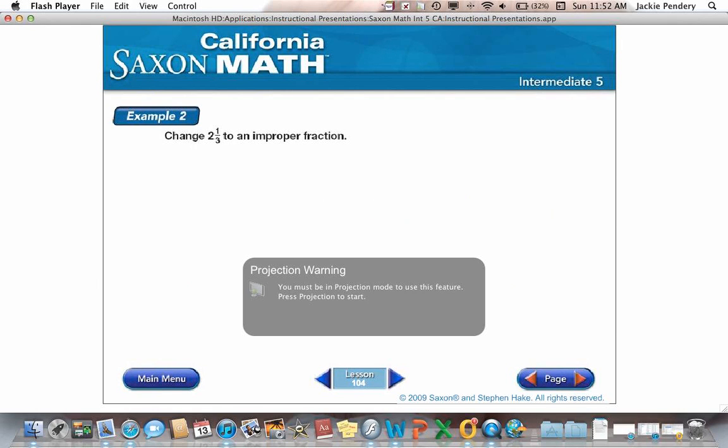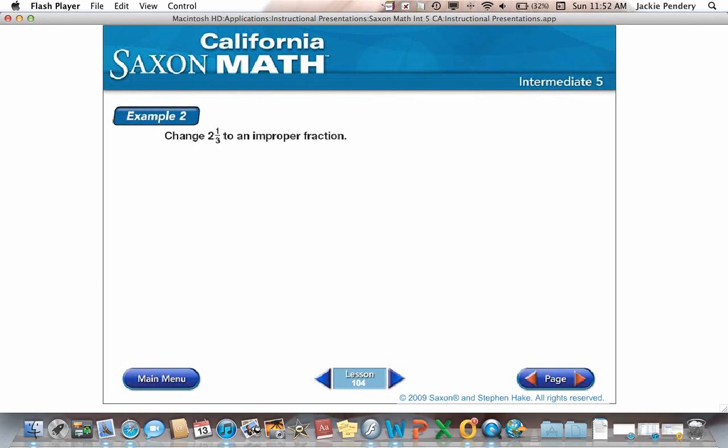Okay, change 2 and 1/3 to an improper fraction. So let's start by drawing some pictures here. I know that I have 2 wholes and I have a third of another. Here's my third, here's my whole, and here's my second whole. I have 2 and a third.